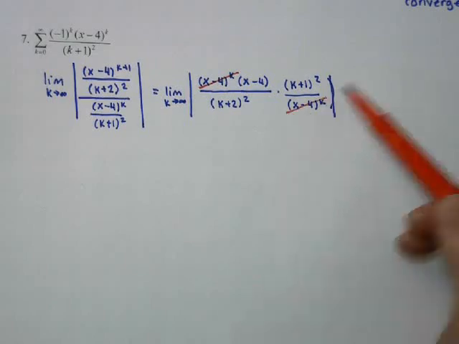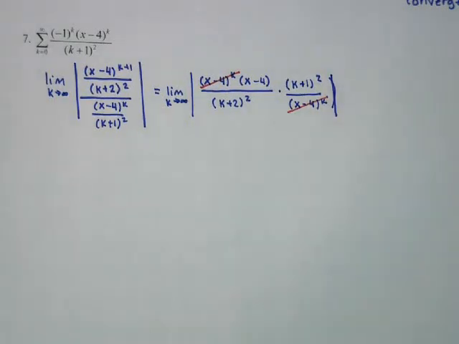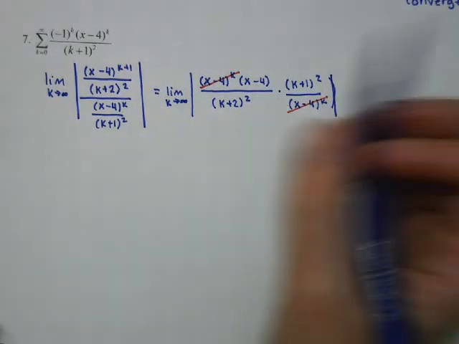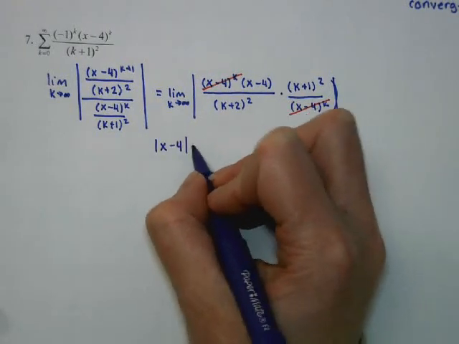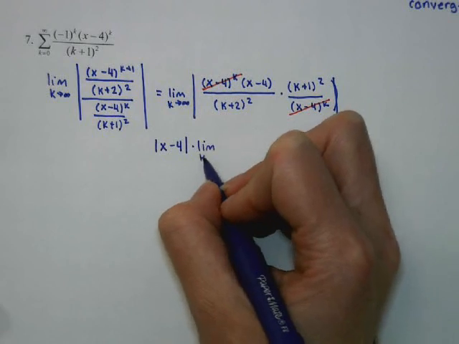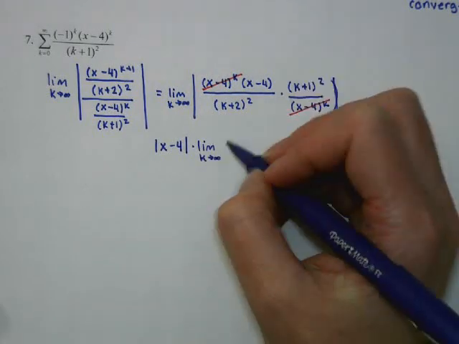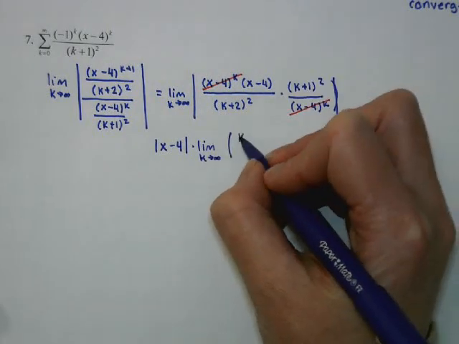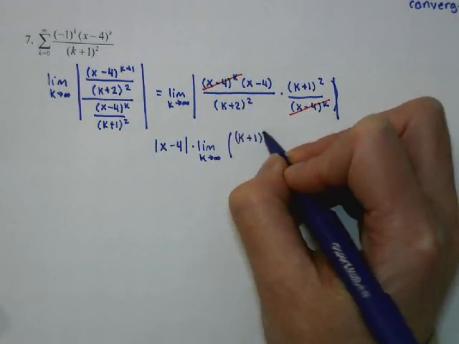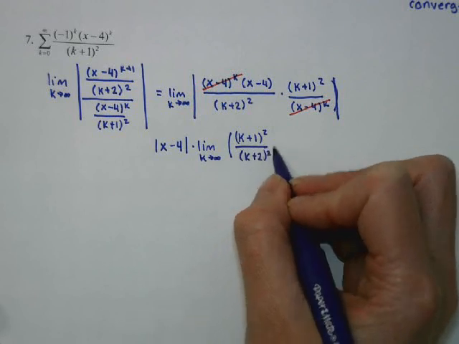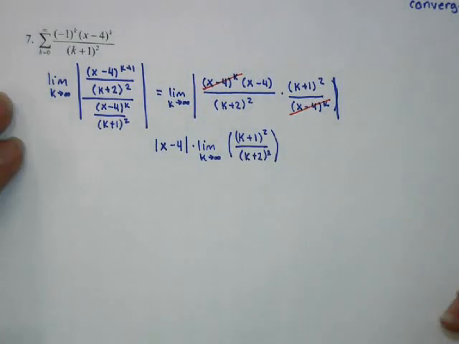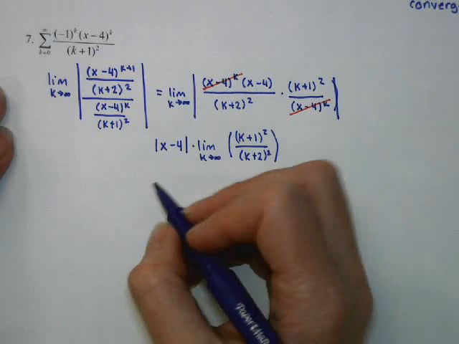So that goes away, that goes away. This time I'm going to pull (x−4) out with the absolute value, which leaves me with (k+1)^2 over (k+2)^2. Well, that limit is just going to be 1.